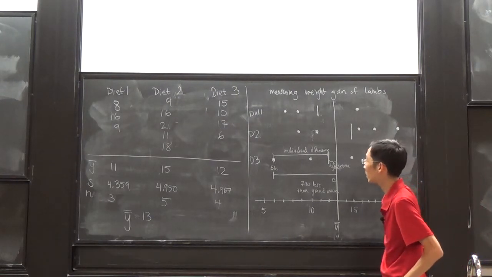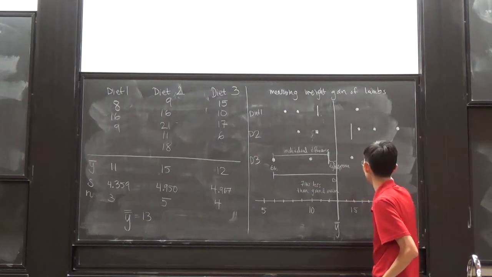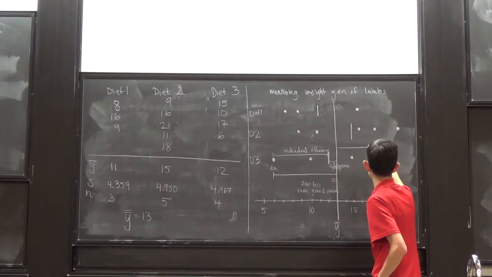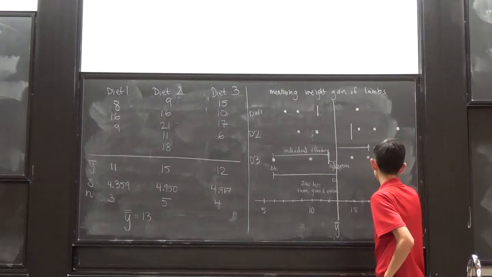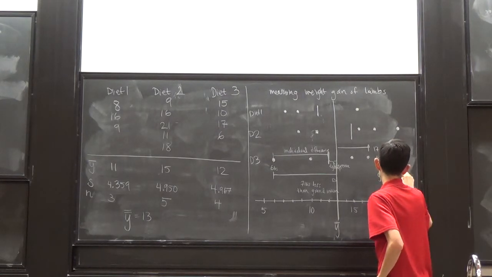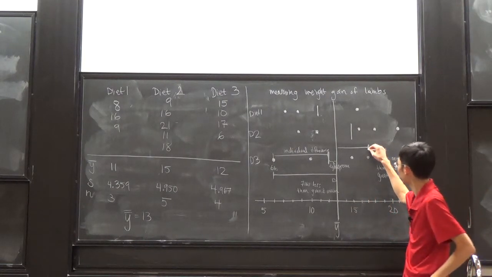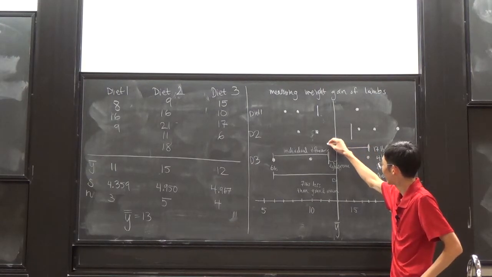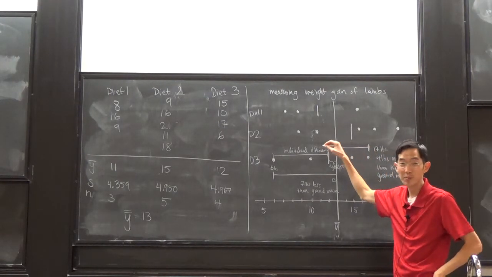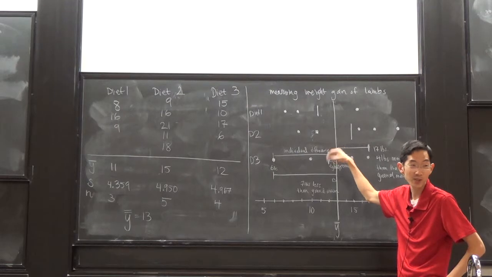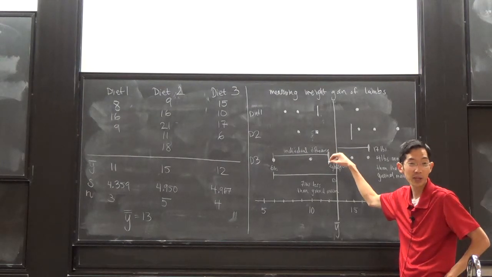This lamb over here, also in diet 3, gained 17 pounds, which is 4 pounds more than the total average, the grand mean. And we will say, this lamb was assigned to diet 3, so we would expect that the lamb would actually be losing weight, because the overall effect of diet 3 was a 1-pound loss.